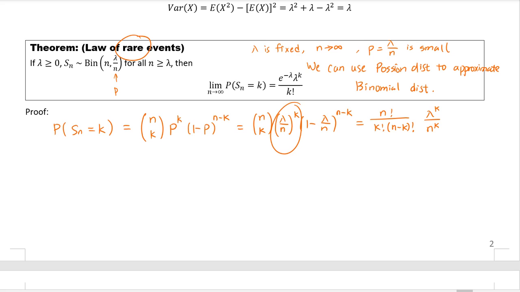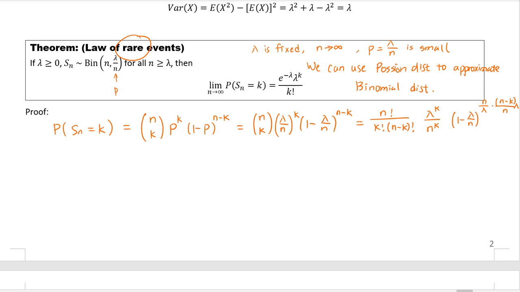Next, I rewrite 1 minus lambda over n to the power n minus k as n over lambda times n minus k over n times lambda.